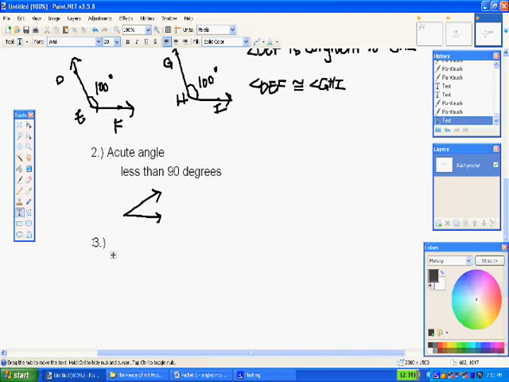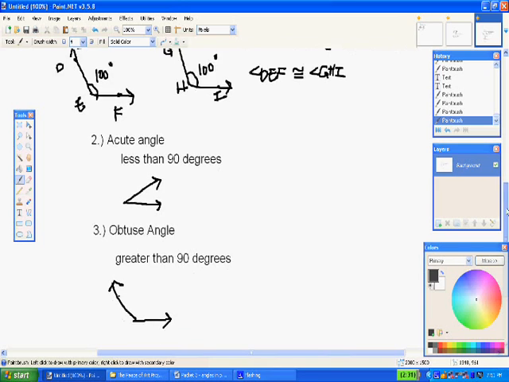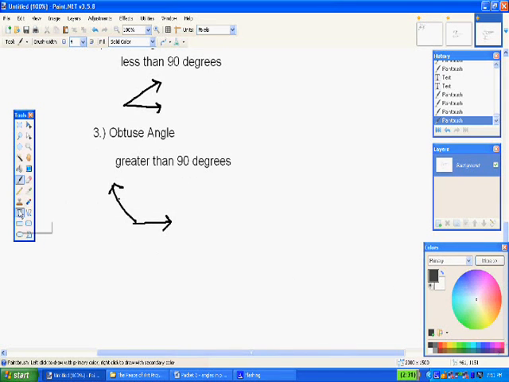Third type of angle, and we've talked about this one also, obtuse angle. An obtuse angle is an angle that is greater than 90 degrees. I'll draw you an example. Fourth type of angle.